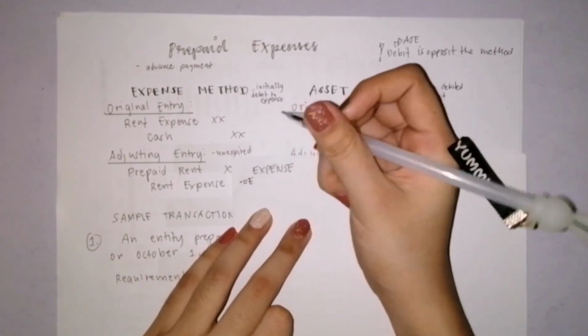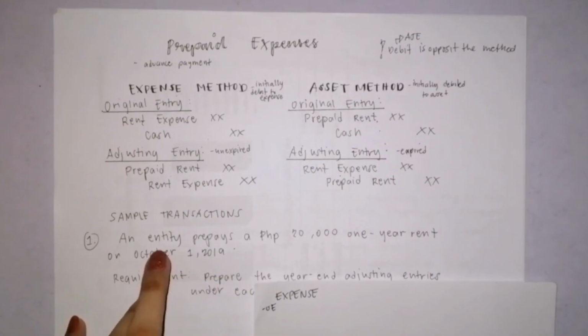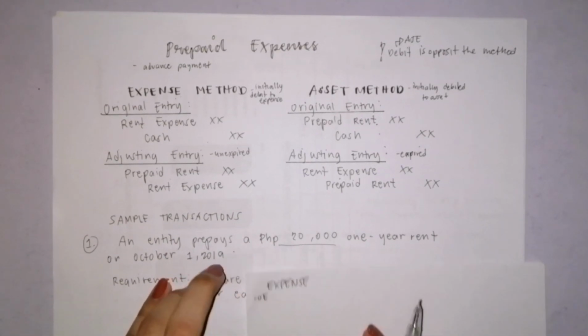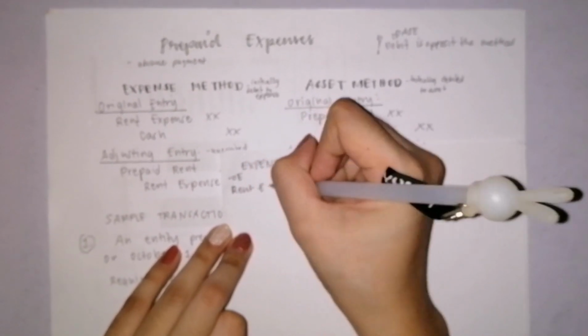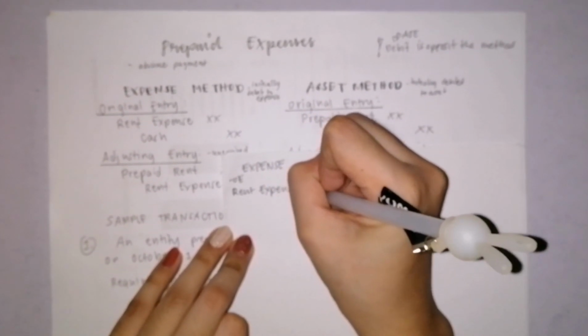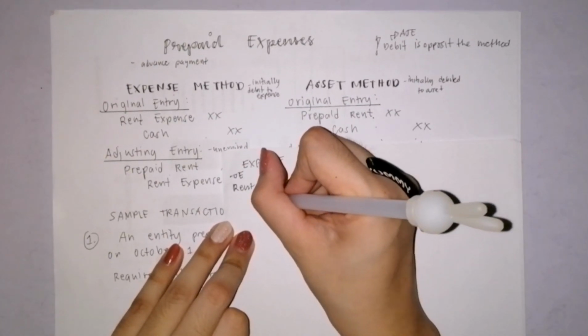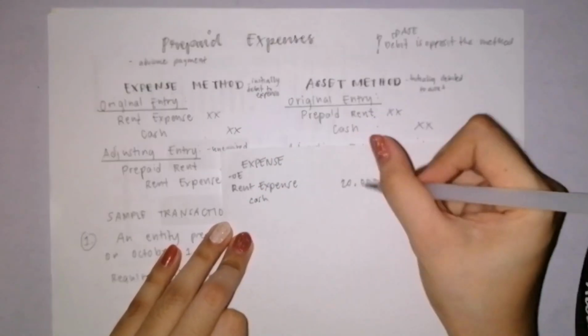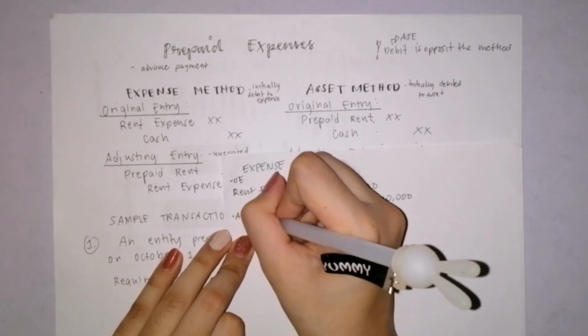The original entry upon payment of advance rental is we debit rent expense amounting to 20,000, since we are under the expense method, and we credit cash since we paid for advance rentals amounting to 20,000.